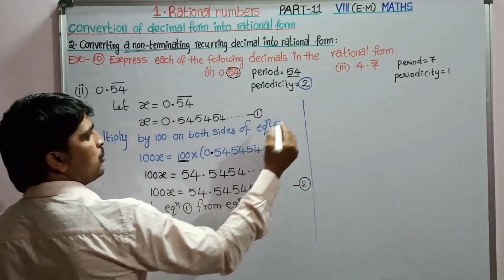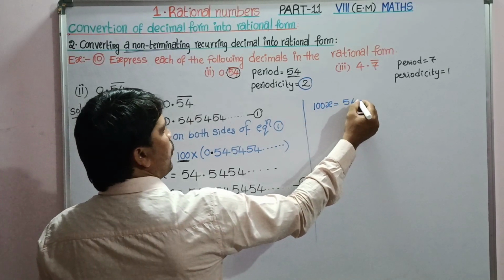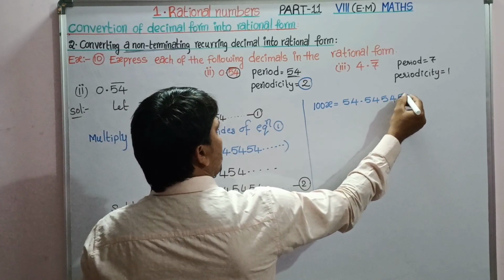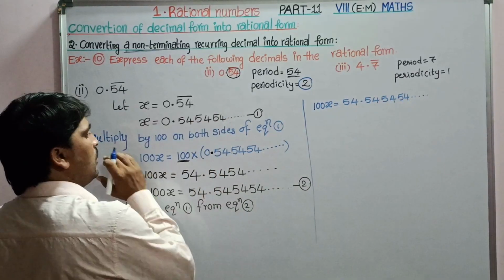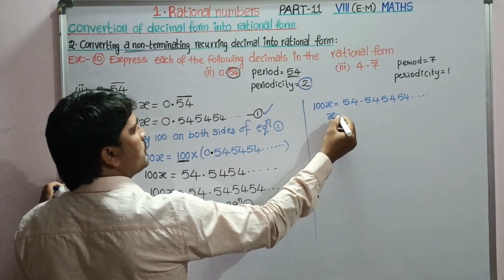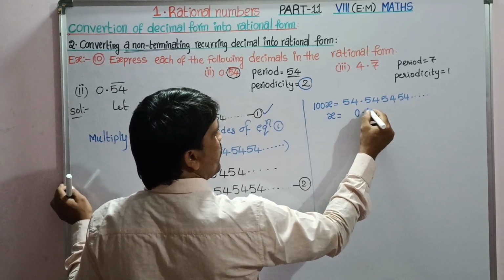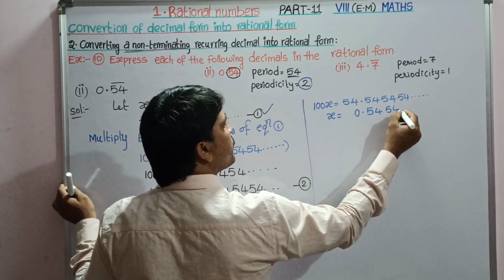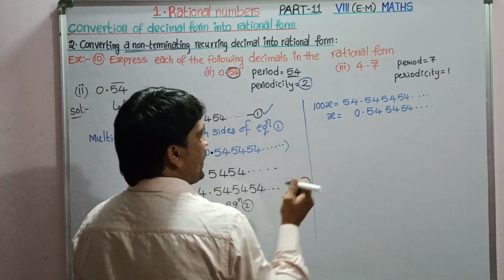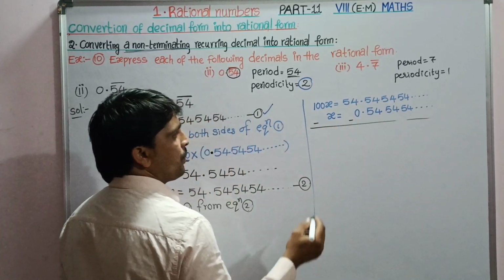What is equation 2? 100x equal to 54.5454 and so on. Write equation 1 under equation 2. That is x equal to 0.545454 and so on. We have to subtract equation 1 from equation 2, so put a negative symbol.